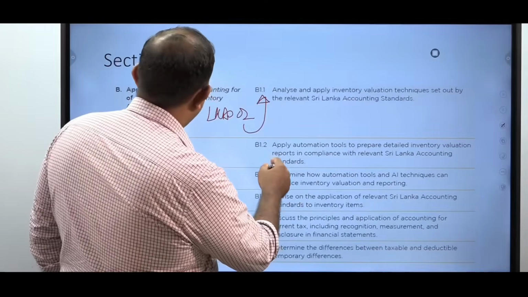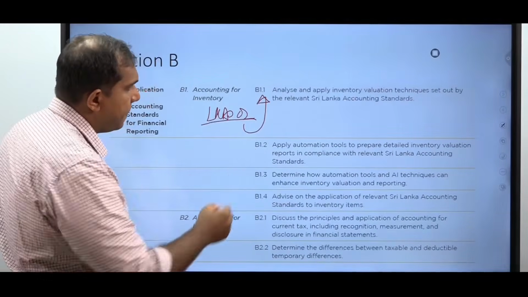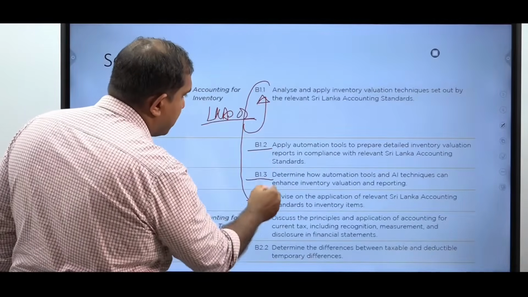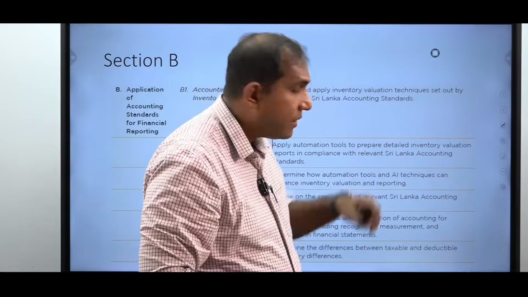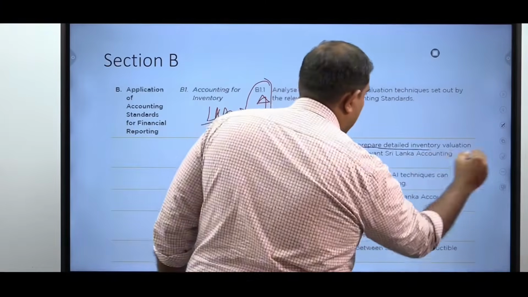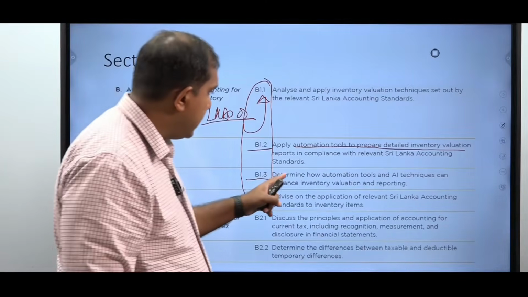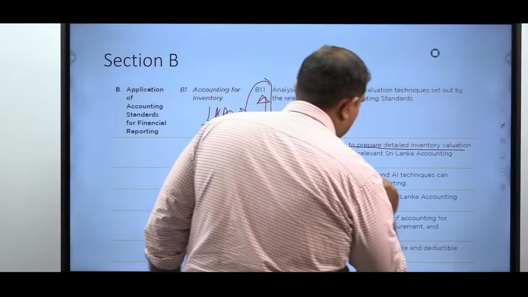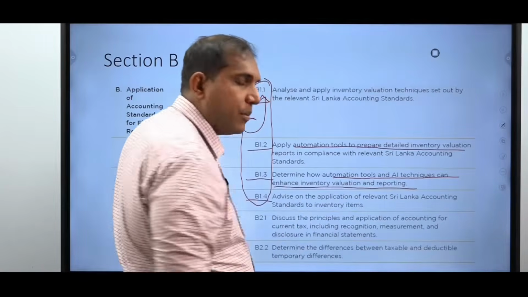B1.2, still connected with LKAS 2 inventories. In that standard, there are sub-objectives. Apply automation tools to prepare detailed inventory valuation. We should discuss automation, and determine how automation tools and AI techniques can enhance inventory valuation and reporting.